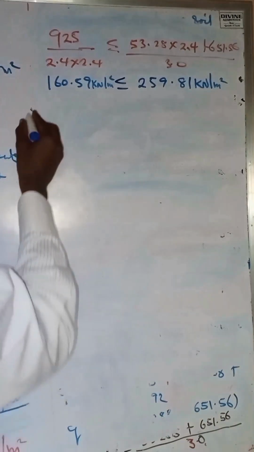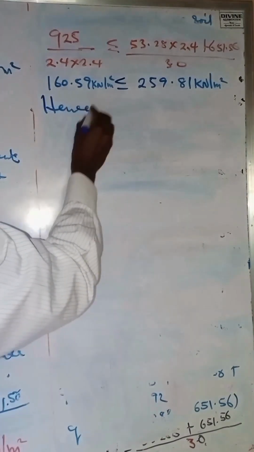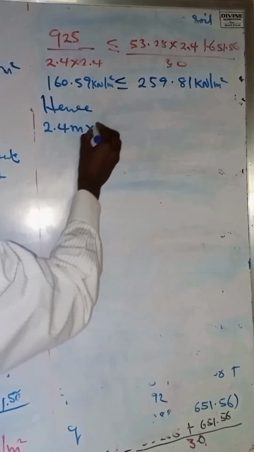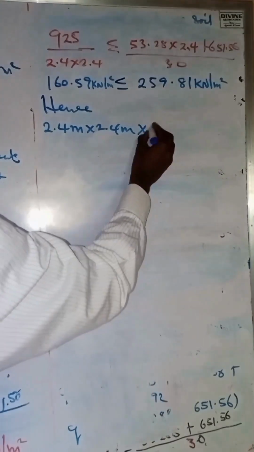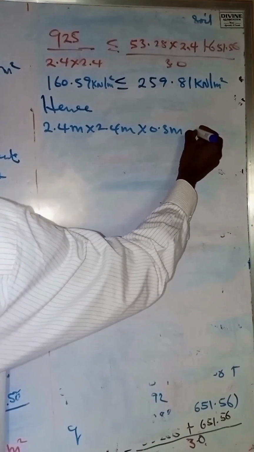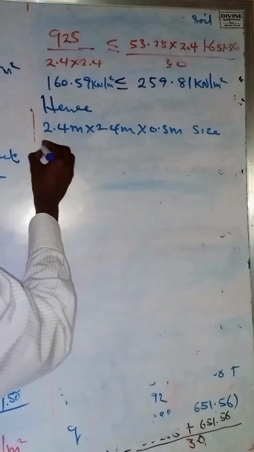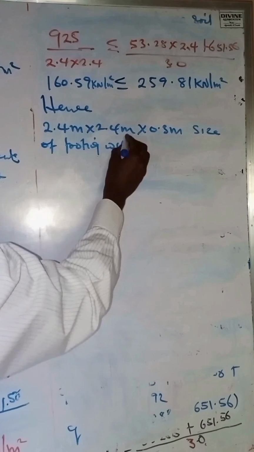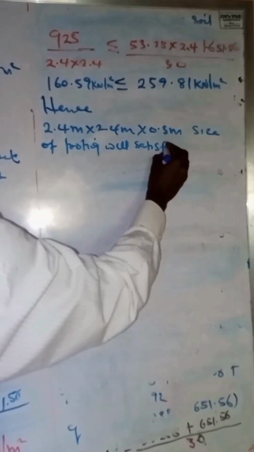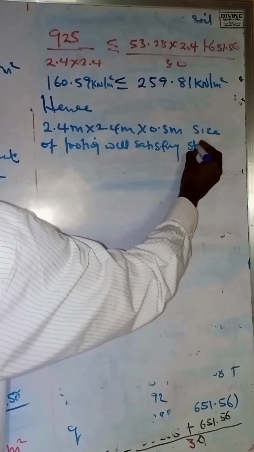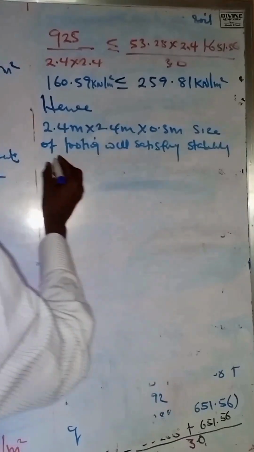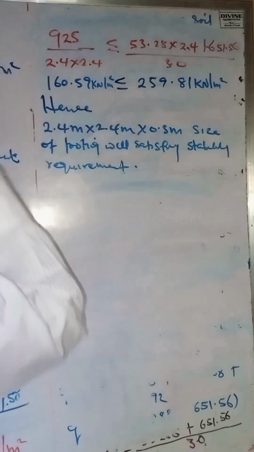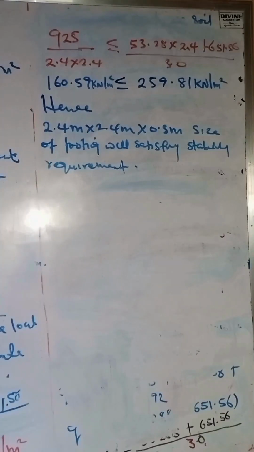So we say that hence, 2.4 meter by 2.4 meter by 0.3 meter size of footing will satisfy the stability requirement. All right. So obviously it's both shear stress requirement and punching shear requirement.